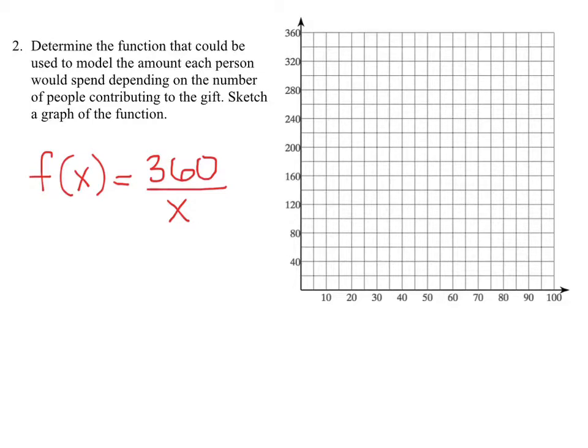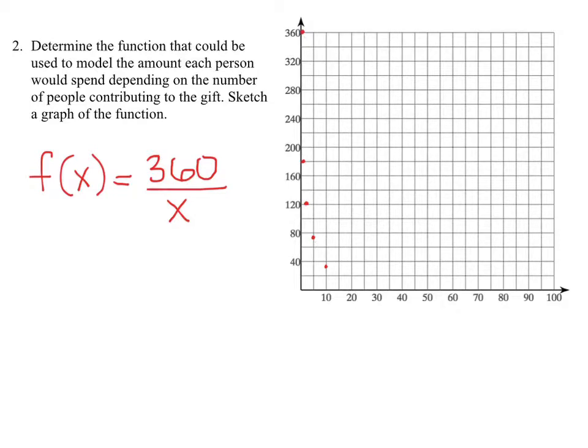So if there's one person, so if Holly was the only one doing it, it's going to cost her $360. 2 people brings the cost down to $180. 3 people brought it down to $120. 5 people brought the cost down to $72. 10 people was $36.